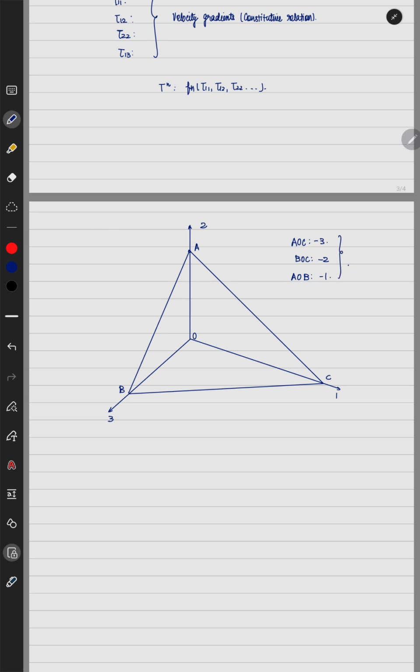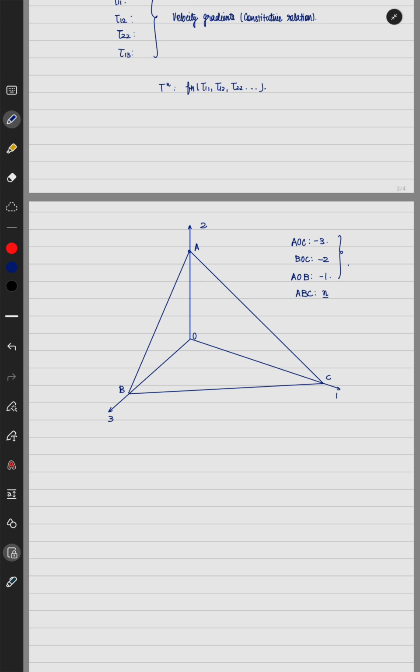So these three areas, AOC, BOC, AOB, are oriented along some standard direction. But if we talk about ABC, it is oriented along some direction n. This is the unit vector, and it is not the standard direction, not i cap, j cap, k cap.